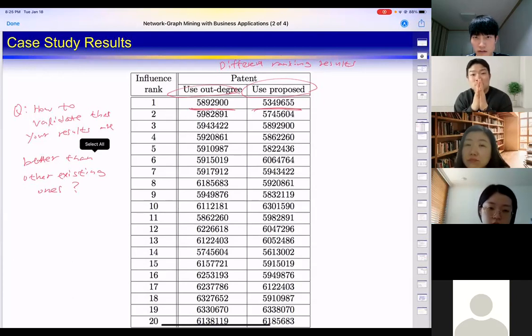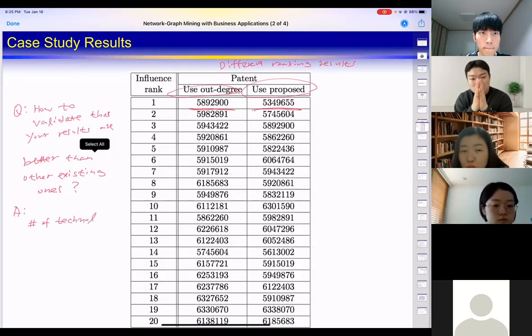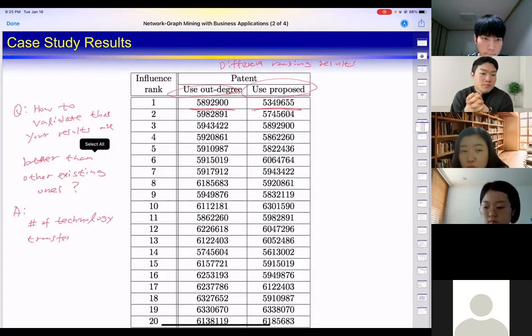Can you validate if a patent is important based on if a lot of companies use it, giving a royalty fee? Okay, John, very similar idea. For important patents, we could collect the number of technology transfers.